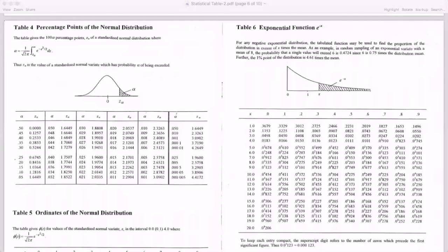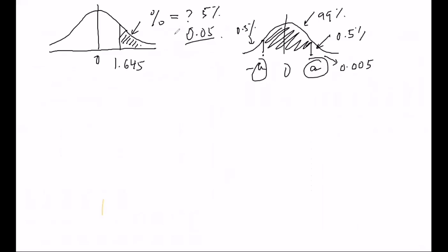That's about 2.576, all right? So over here, this should be 2.576, and this one is minus 2.576.